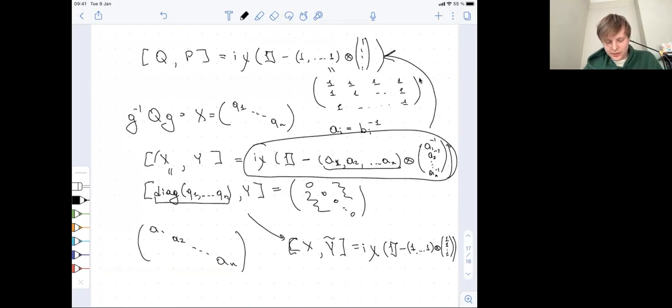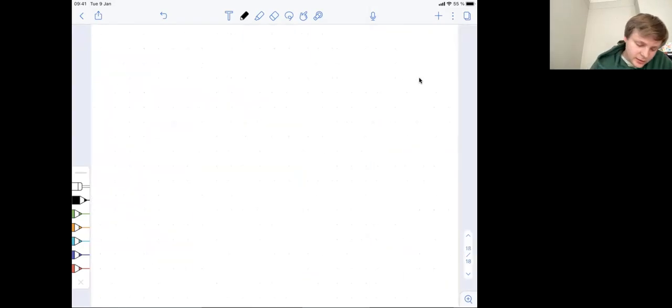This Q is some matrix which depends on the coordinates of your symplectic manifold. So everything can happen, right? And finally, what you obtain is that you just need to resolve the following equation.